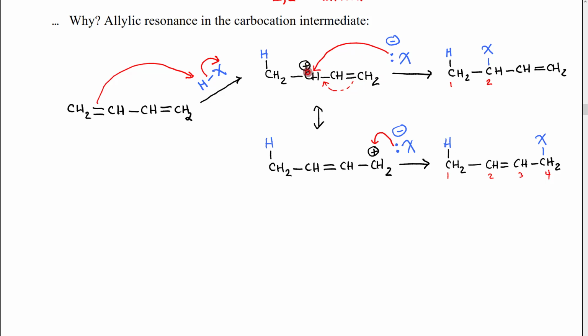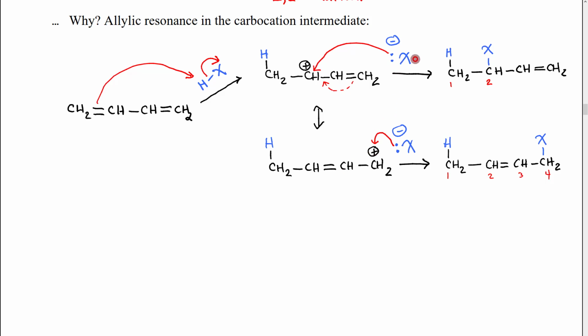This carbocation is an allylic carbocation. So what we know is that the allylic pi bond can shift toward the empty space in the carbocation. That creates a pi bond in a different location and an empty space on the end. Again, now we have two resonance structures of our intermediate.